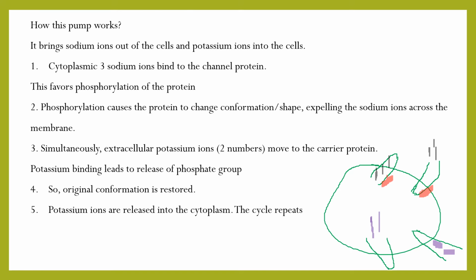When they are attached to this protein, the phosphate group will release from the protein. So its shape will be changed back to the original. So in this way, it brings 2 potassium ions into the cell, and 3 sodium ions out of the cell. So in this way, the cycle will continue, and it works in this manner.